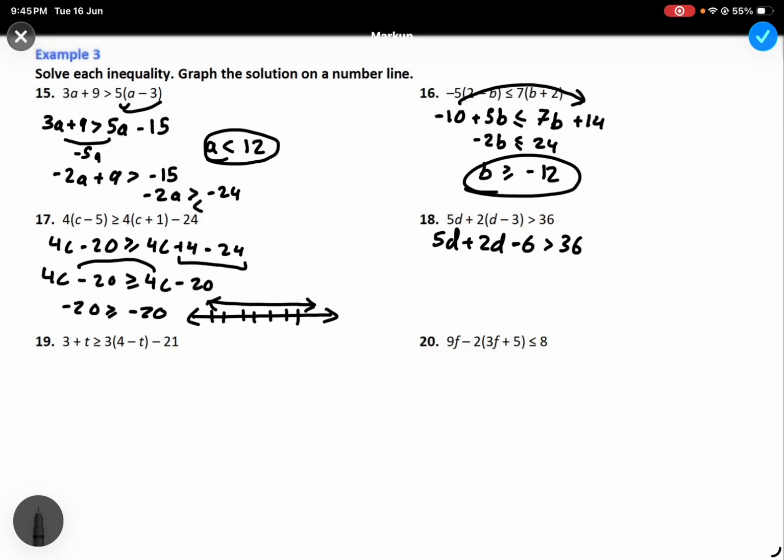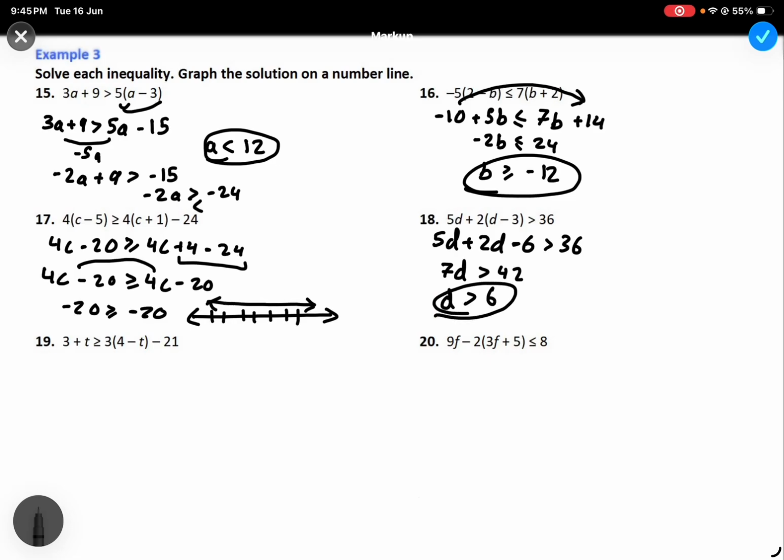Okay? 5d plus 2d is 7d, and 36 plus 6 is 42, and then d is greater than 42 divided by 7, which is 6.